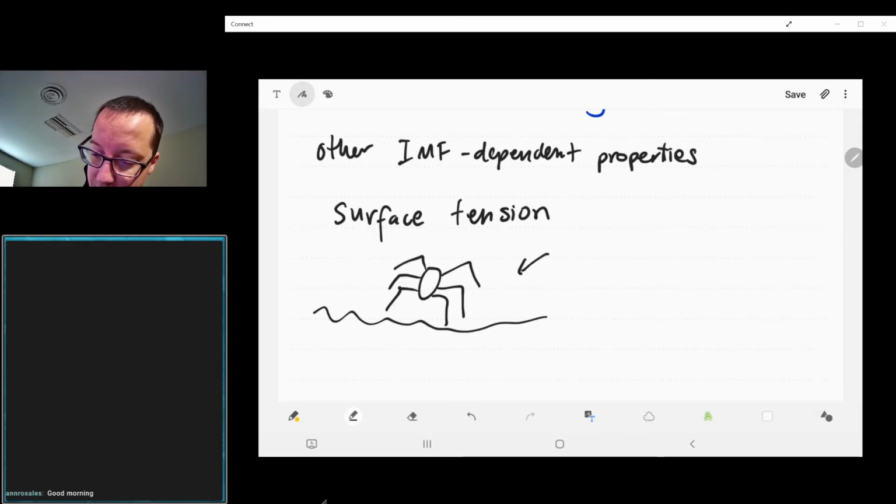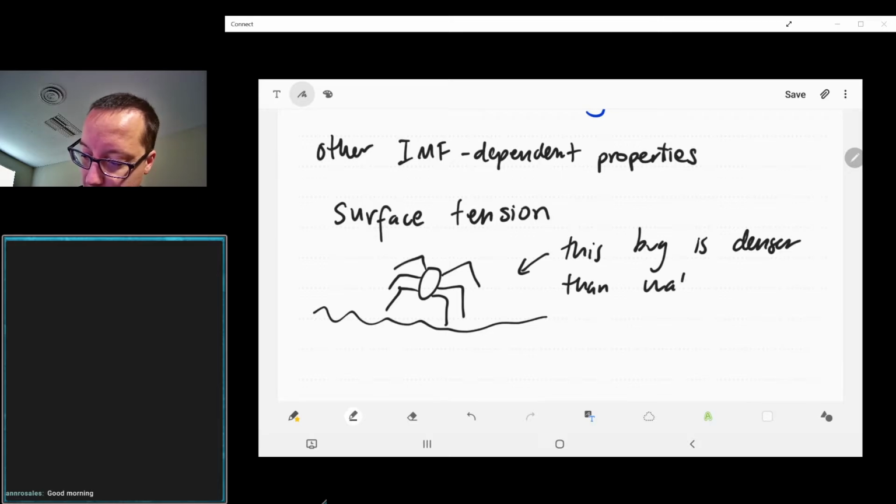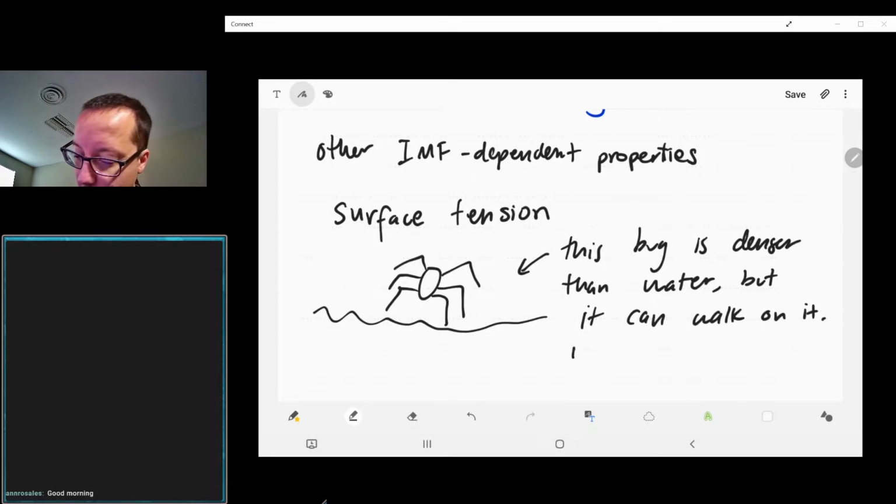So this bug is denser than water, but it can walk on it. So let's think about why.